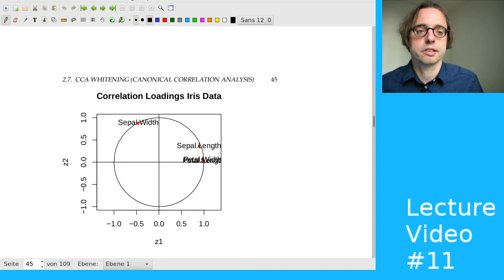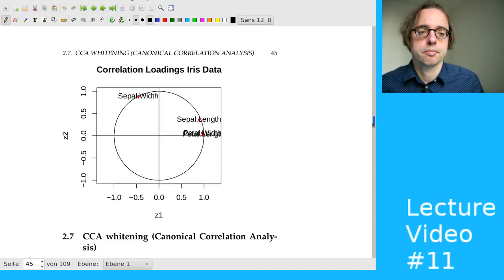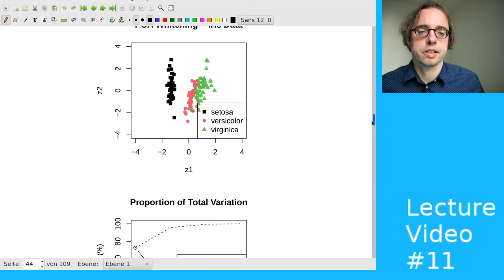So this allows us to interpret the latent variables.